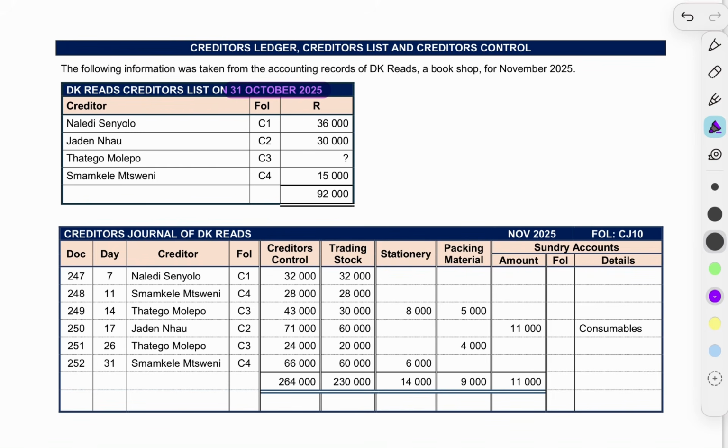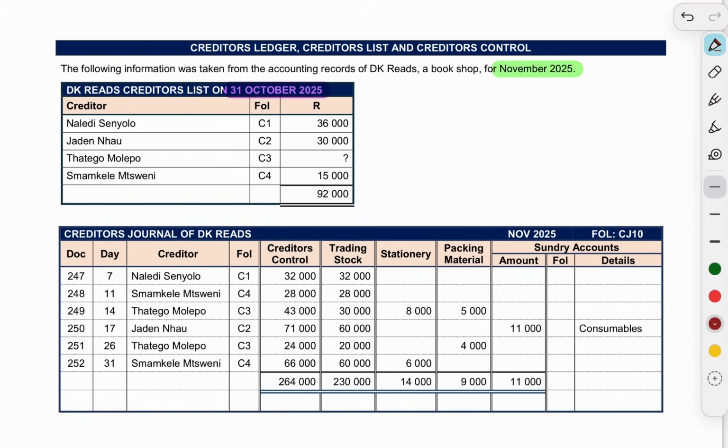These are individual balances that we owe to our creditors on the 31st of October, but we are required to do the bookkeeping, to do the creditors ledger, the creditors list and the creditors control account for the month of November. So what does this mean? It means that these balances will be brought down to the month of November.